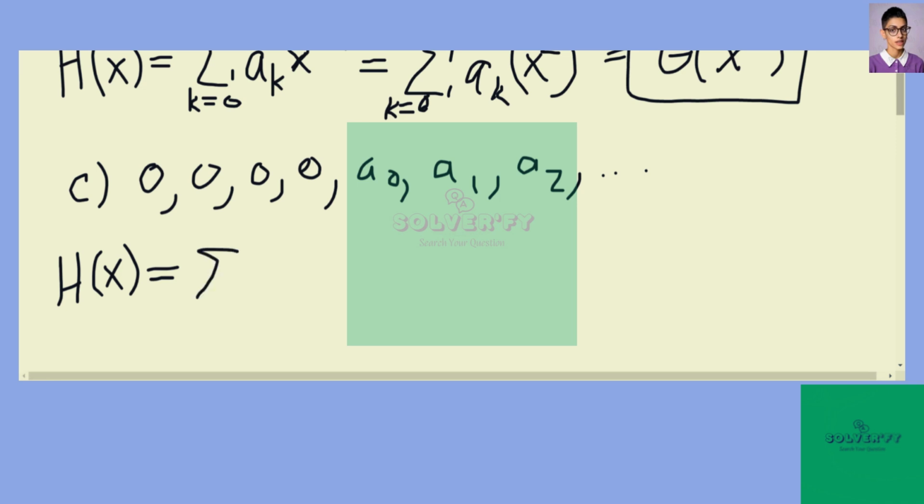If h of x is the generating function for this sequence, then it has the form sum from k equals 0 to infinity of a_k, and we start at x to the k plus 4.